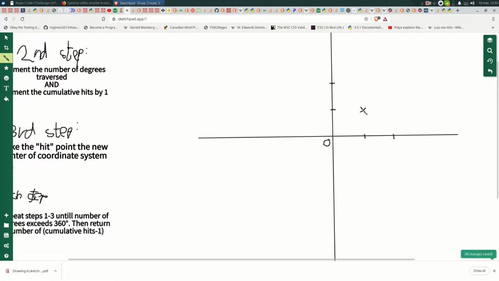Well, what do we say? Well, let's say we have a point here, we have a point here, and then we also have -1, -2, we have a point here.